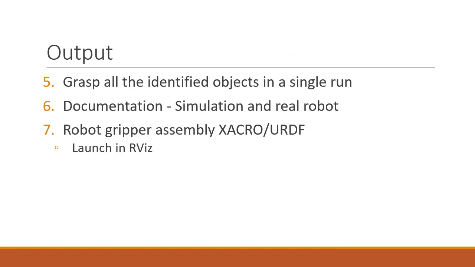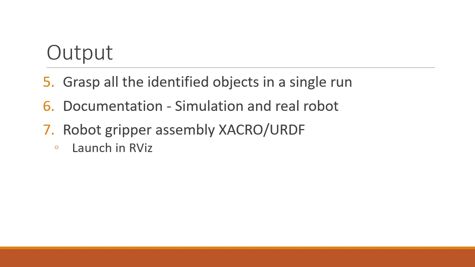Remaining outputs achieved during this work are the modifications that I have made in the GitHub repository. I have added the provision to grasp the identified object in a single run, where before the vision code was required to run each time a new object is targeted for grasping.